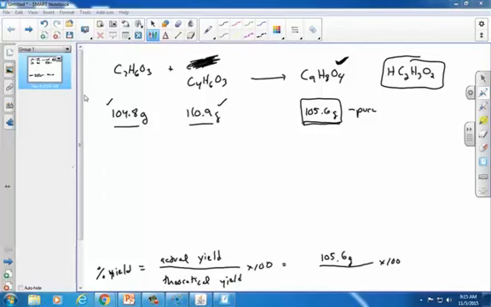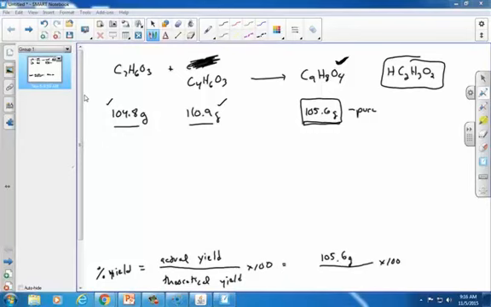So the theoretical yield is tricky. Conceptually, students have trouble with it. Not sure why. It's just how much product could you make, maximum. If the reaction worked perfectly, and every bit of reactant I put in that could react, did react, and was converted into product, how much product would that yield?